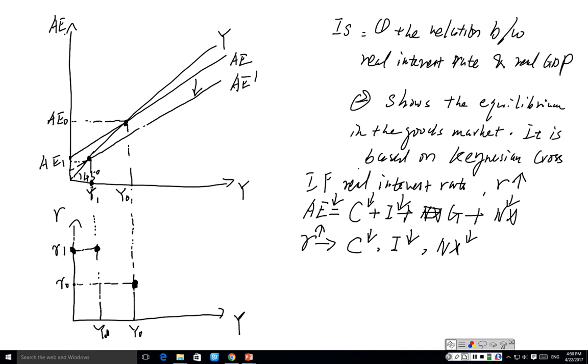So with the two points on the graph, we can show what the curve looks like. We connect these two points. This is what we call the IS curve. The IS curve is a downward sloping curve.